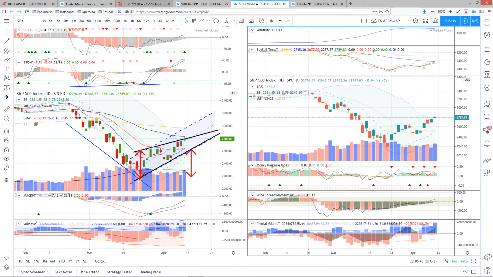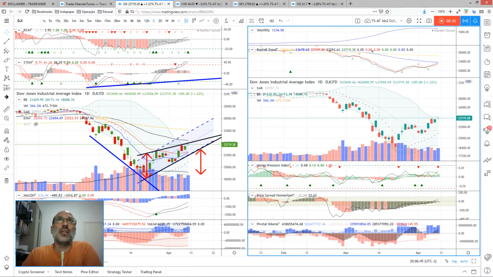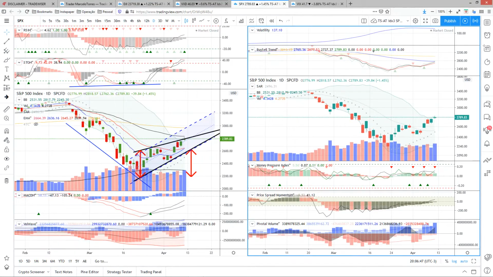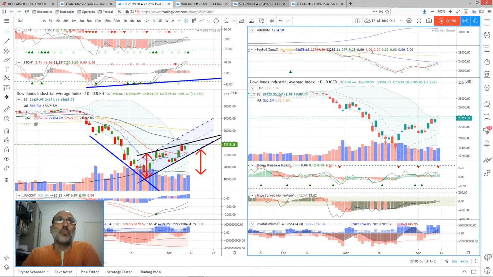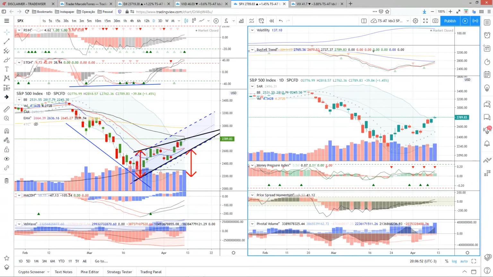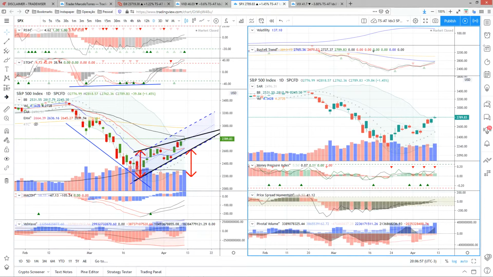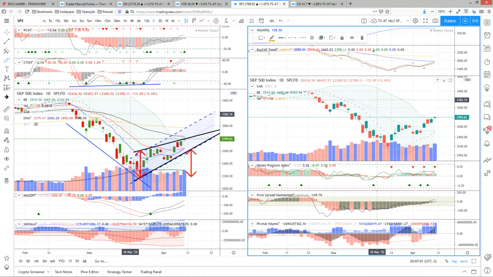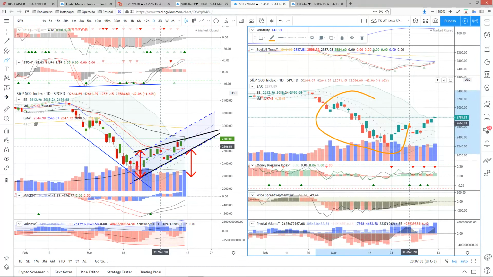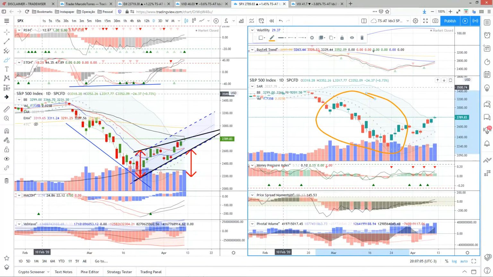Okay, so comparing both of these, we can see that they are almost the same. See? Look, I'm going back and forth, S&P, Dow Jones. We can see that there's a slight difference, for instance, on the Heikin-Ashi chart. See, check this one here.